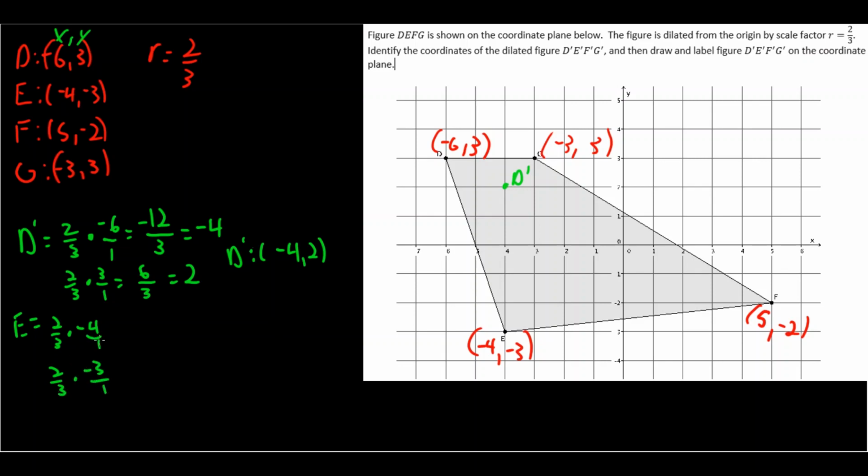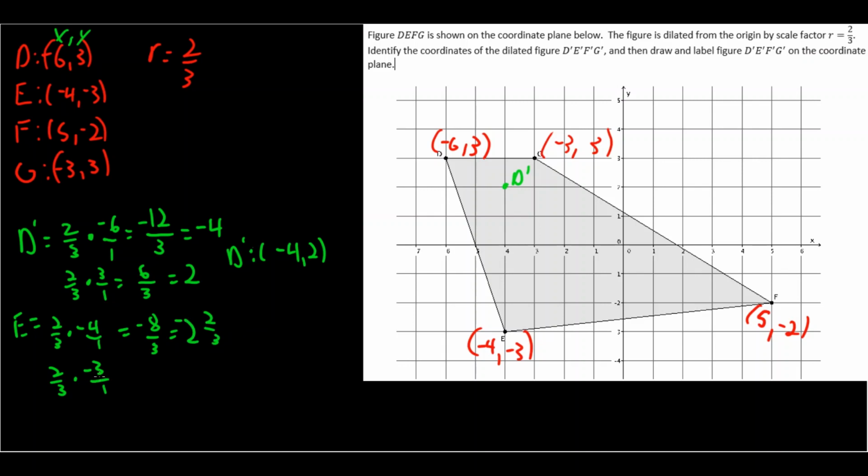Put each of these over 1. 2 times -4 is going to give us -8. 3 times 1 is 3. We can simplify this. 3 goes into 8 twice, and that would be 6, and then there would be 2 left over. So we are at -2 and 2/3.